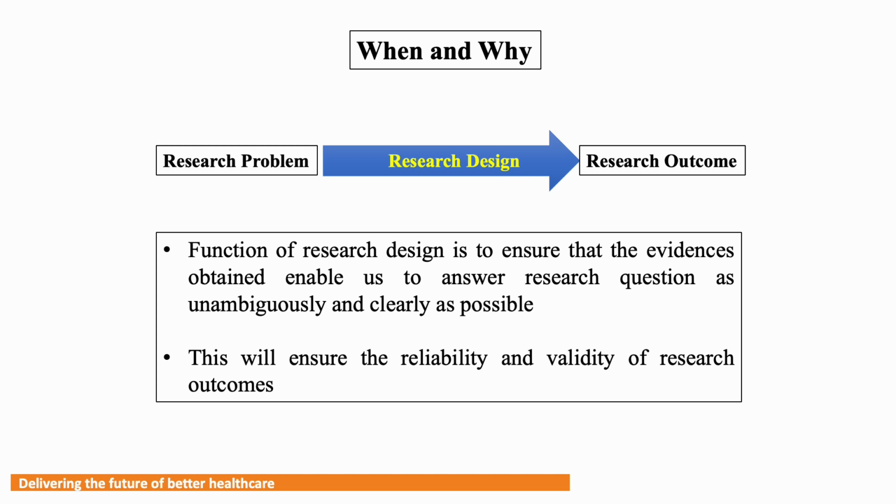In terms of when and why in research, the research starts with the research problem, which generates a research question. Then one designs or develops the research objective and the research learning outcomes, and then overall we plan it under the research design: how to collect data, how to implement the entire research plan, from collecting data and analysis to interpretation, and the research outcome.